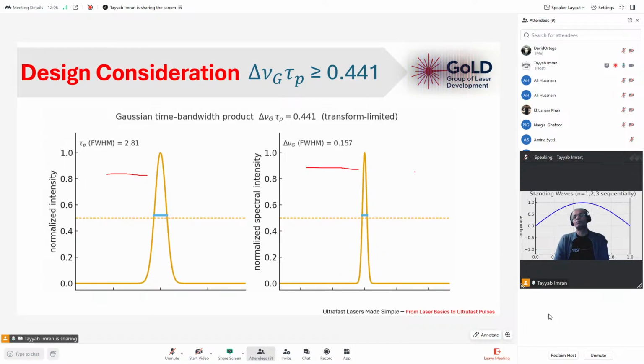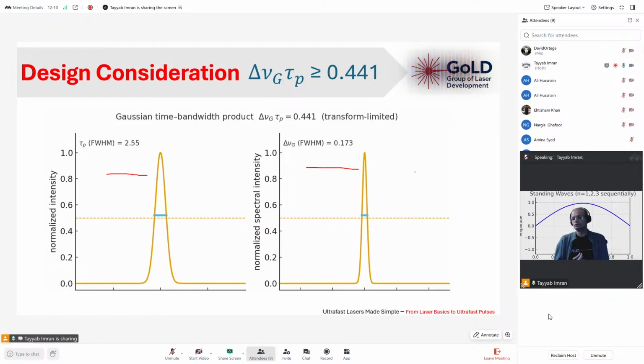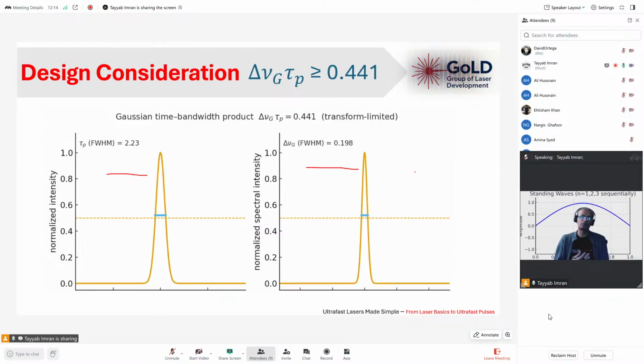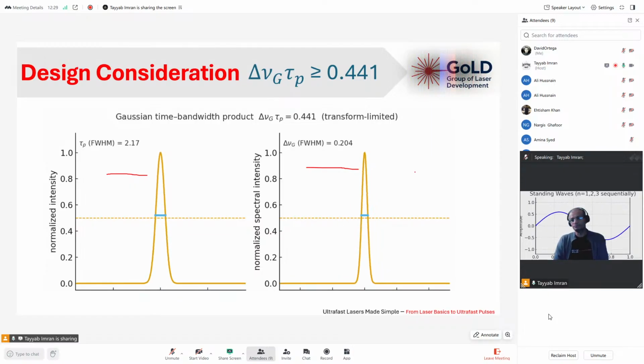If you remember my previous lectures, I mentioned that the broader the bandwidth, the shorter the pulse. And if the bandwidth is not broad, then the pulse will not be short.